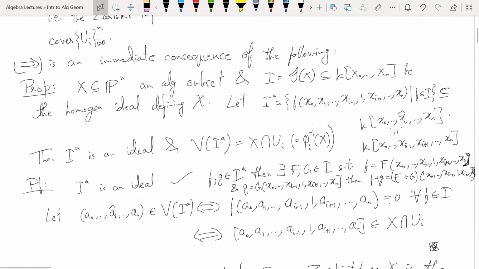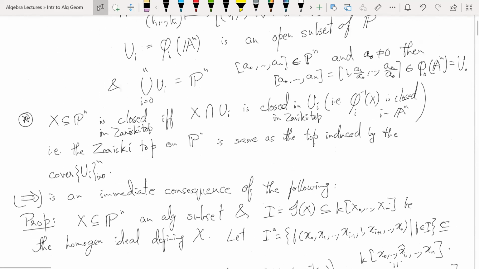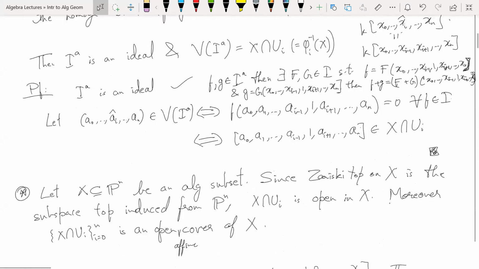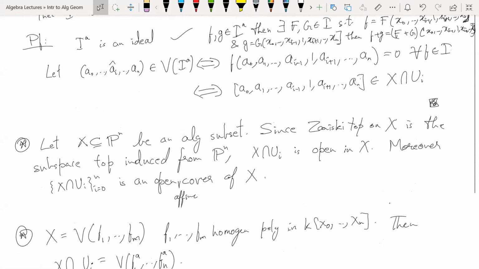To say that it is open in the Zariski topology on Pn, we should say that it is the complement of an algebraic subset of Pn. So U_i is the complement of which algebraic subset? X_i equal to 0.